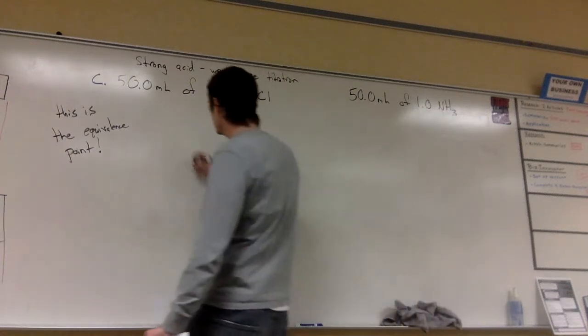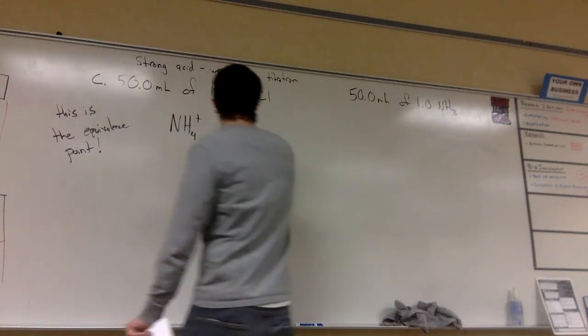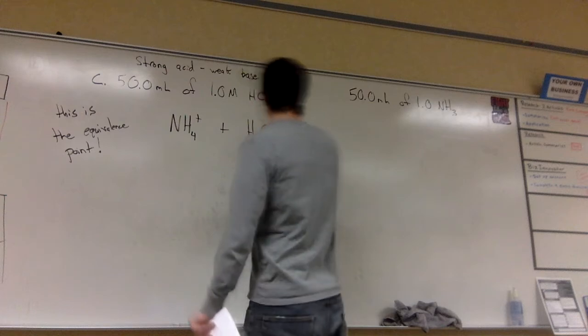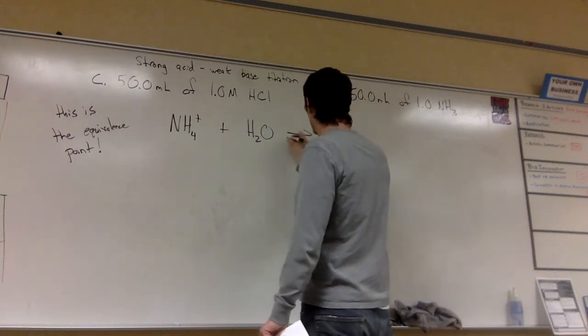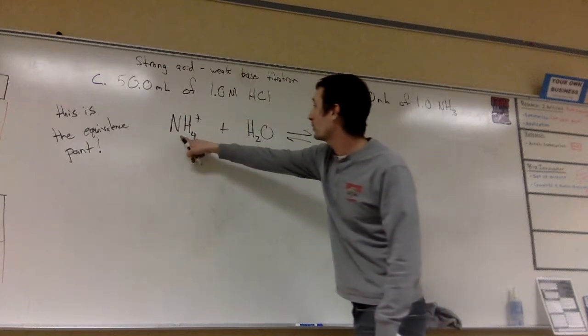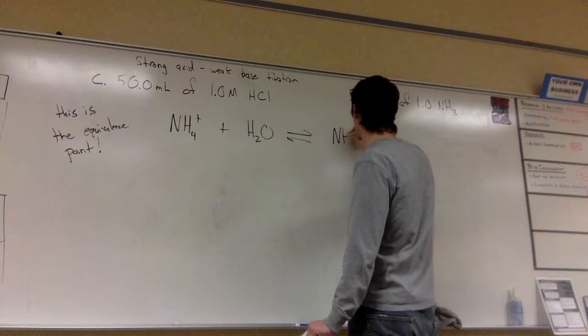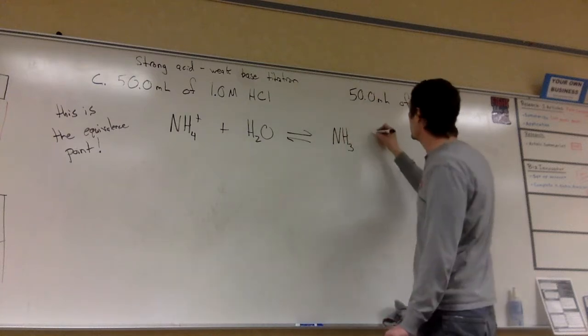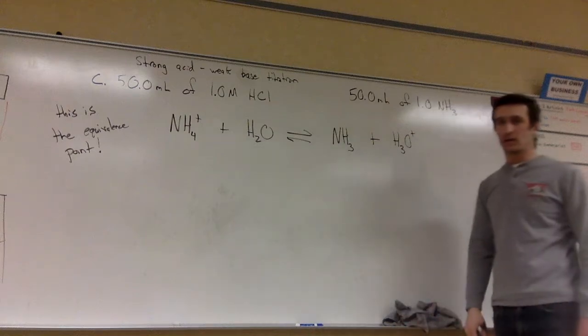So at equivalence, I've got this NH4 plus with water. It's in solution, so there's plenty of water around. This NH4 plus conjugate acid is going to give its hydrogen ion away, make NH3 and the hydronium ion.